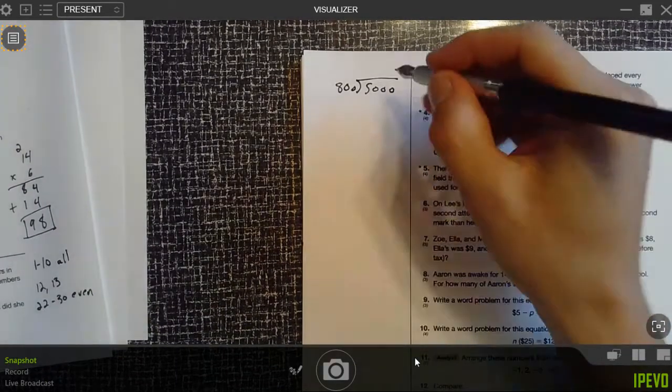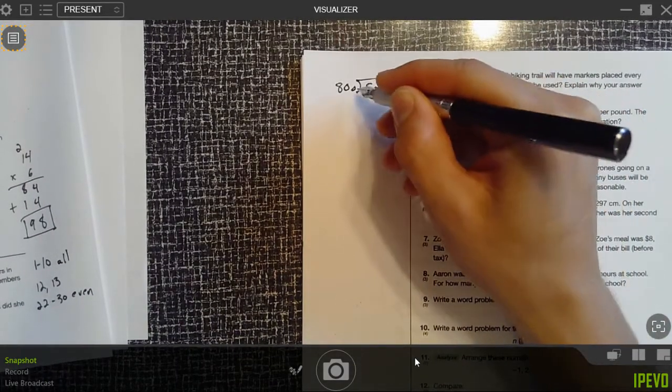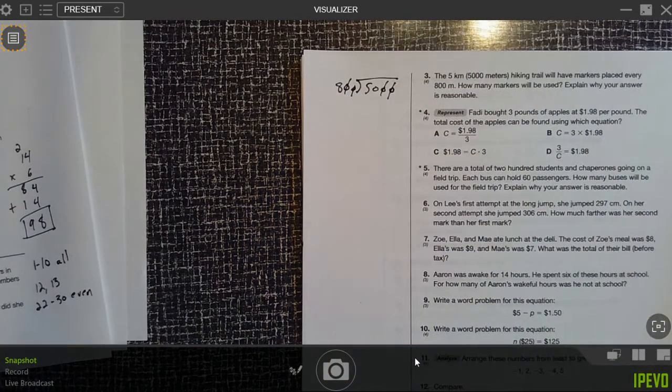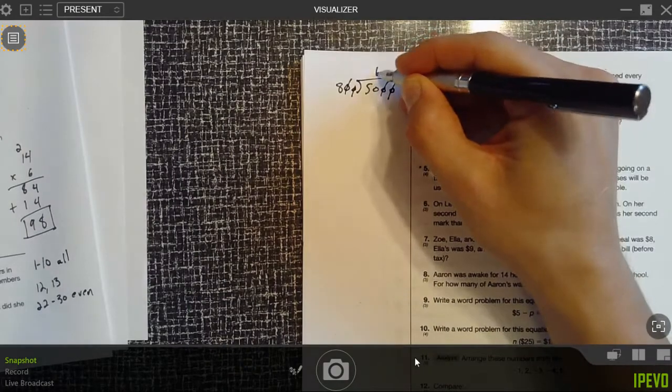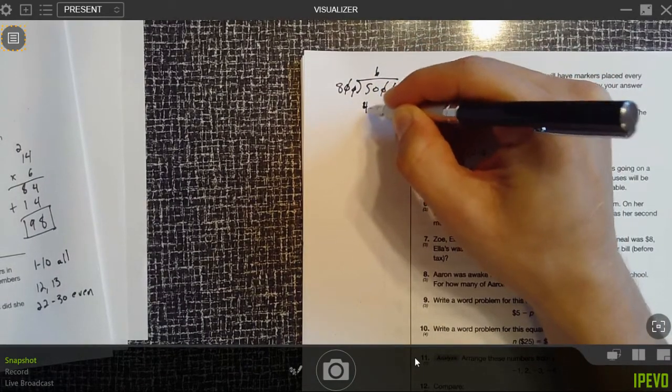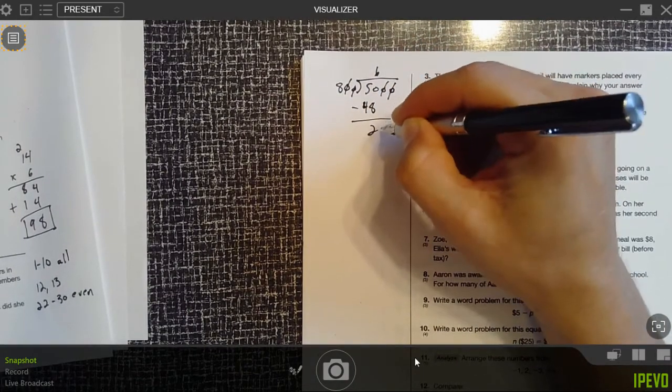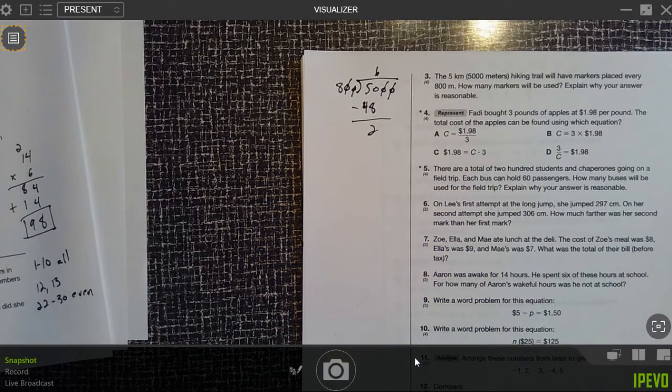So I can make my life a little easier by getting rid of 2 of these zeros, and I can just think about 8 going into 50, okay? And it'll be roughly similar here. So 8 goes into 50. Now that's one I might actually know, right? Because 8 times 6 is 48 with a remainder of 2.